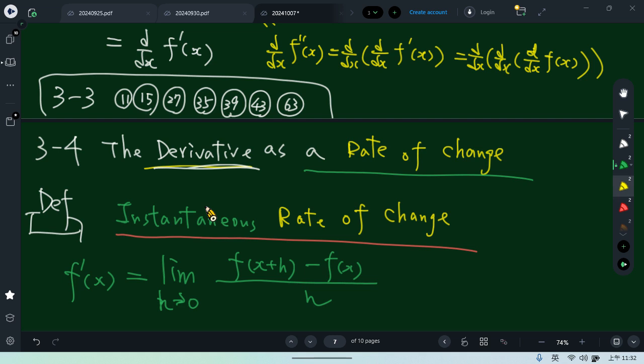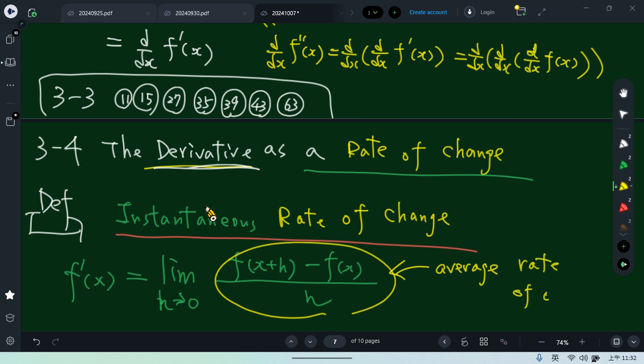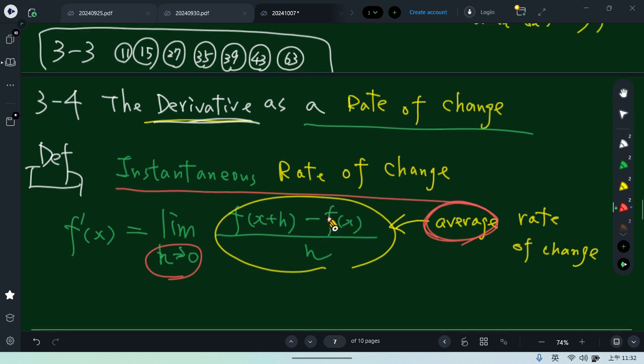At that time, I told you that this part is the average rate of change in some certain interval, right? But as h is getting smaller and smaller, and even becomes very close to 0, then we will get the instantaneous rate of change.